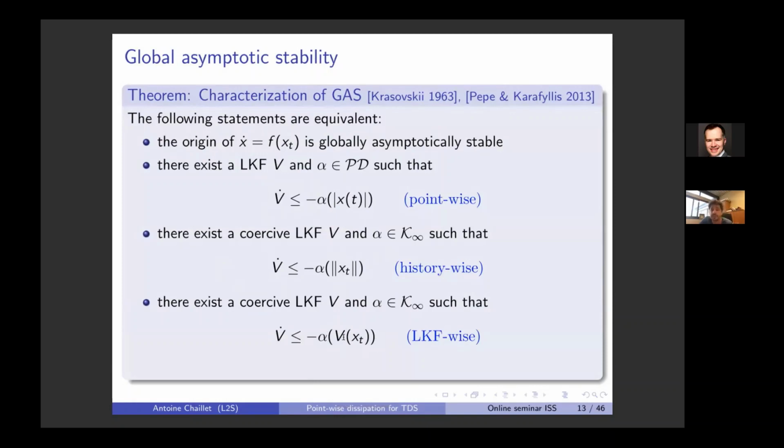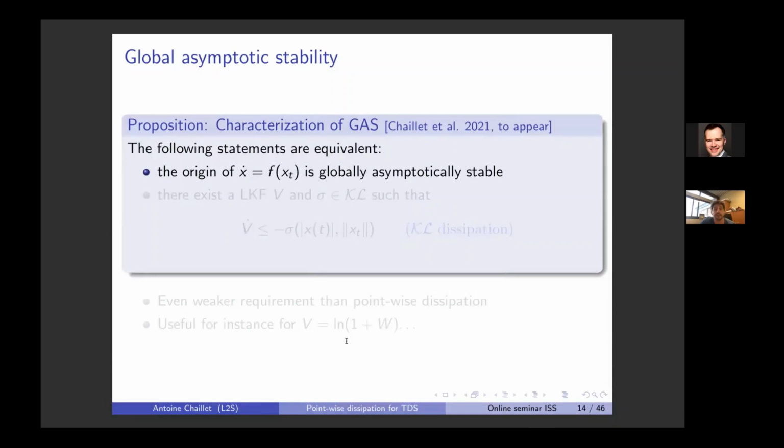So when there is no input and when you deal with asymptotic stability, you don't care so much. There is not much difference between dissipating in terms only of the current state value or dissipating in terms of the whole history function or the Lyapunov functional itself. So that's good news.